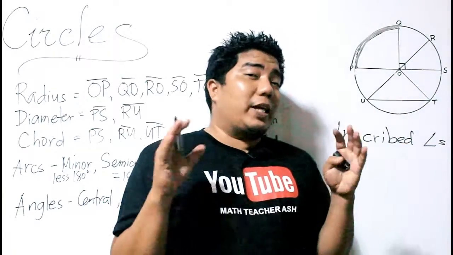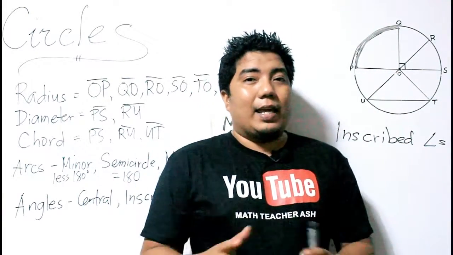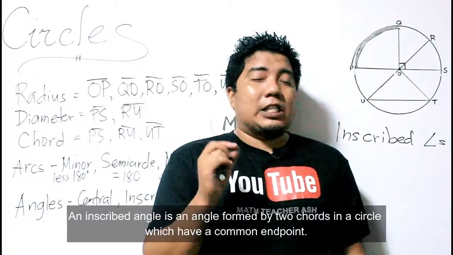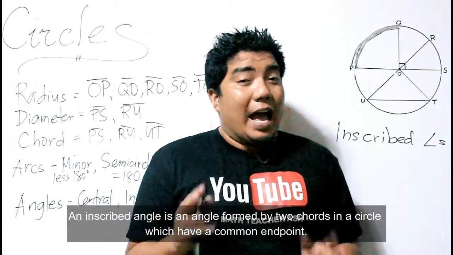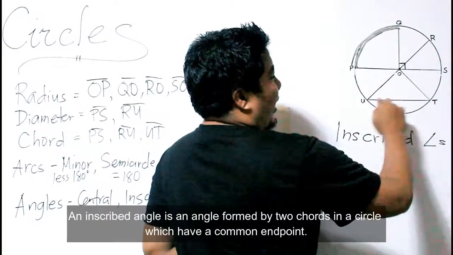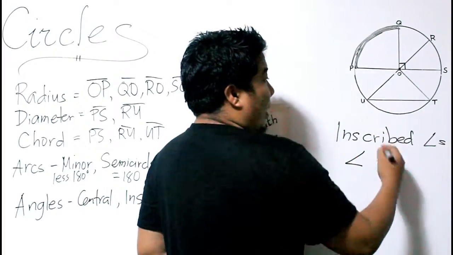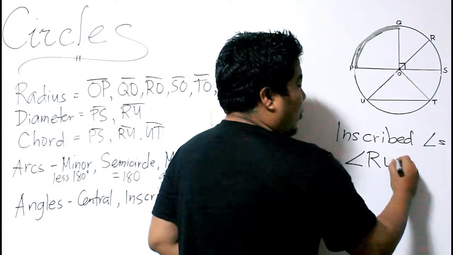Now, let us go to the last part of the term, and that is the inscribed angles. Okay, math learners, for the inscribed angle, the definition is basically an angle in which its vertex is part of the circle. So, if we look at this one, we can see an angle in which the vertex is part of the circle. So, that is what we call an inscribed angle. We could name RUT.